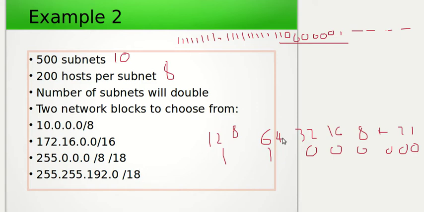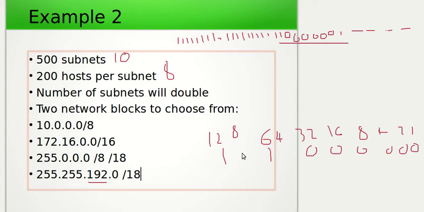Now that we've calculated our subnet mask and our CIDR slash mask, our subnet mask in slash notation, we need to find out the increment. We're interested in this octet, because this octet is the last octet with bits that represent our subnet.